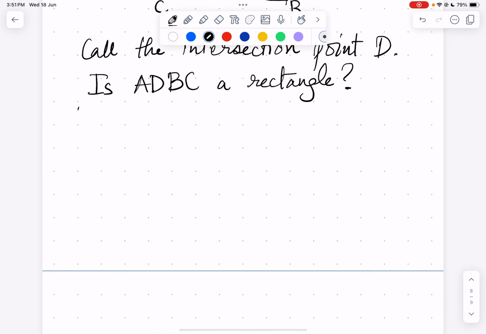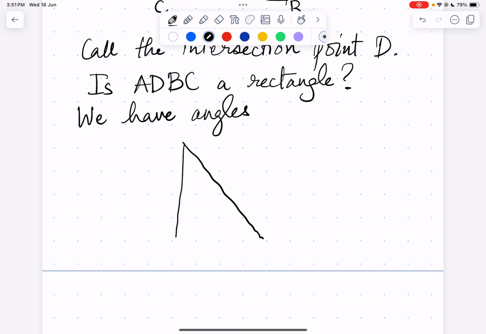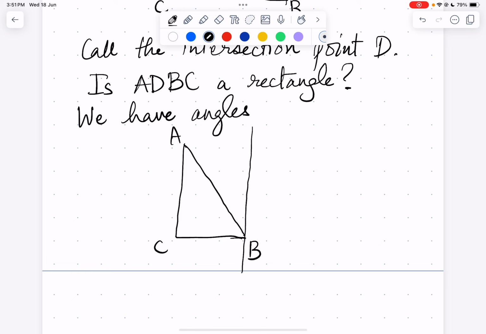So we have angles in this diagram. You have triangle ABC, and you have constructed a line through A parallel to BC and a line through B parallel to AC. And call the intersection point D.